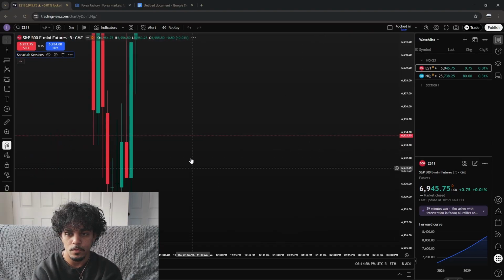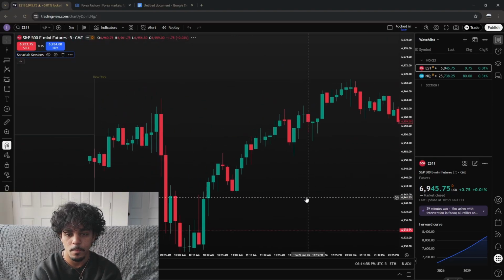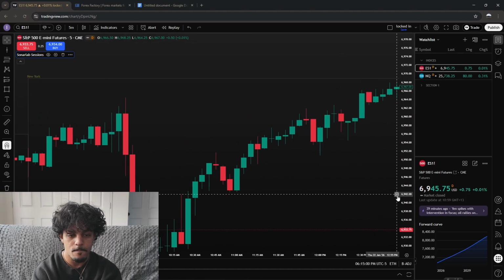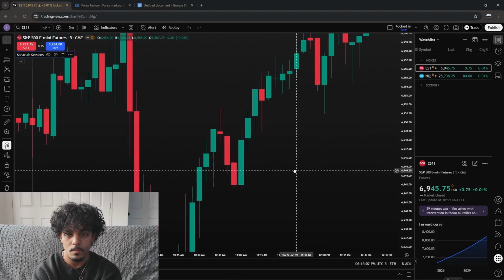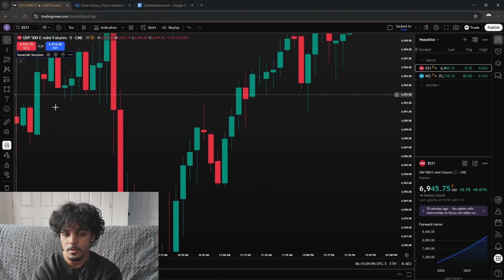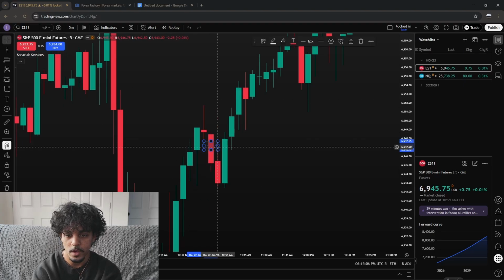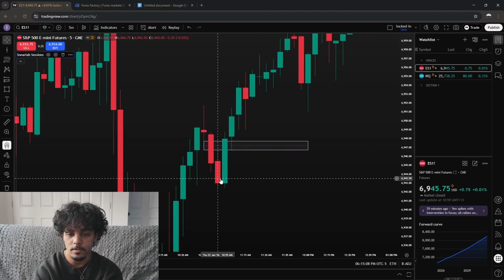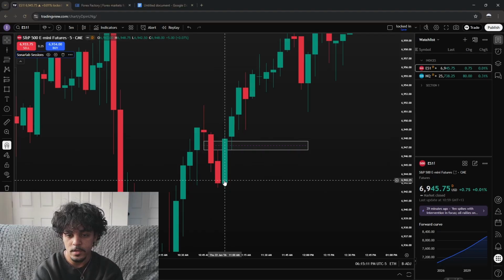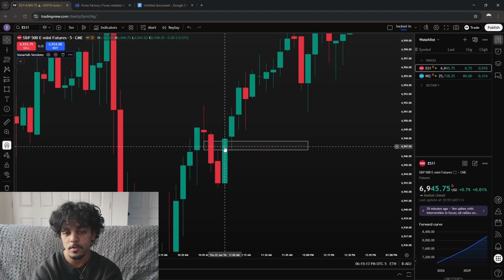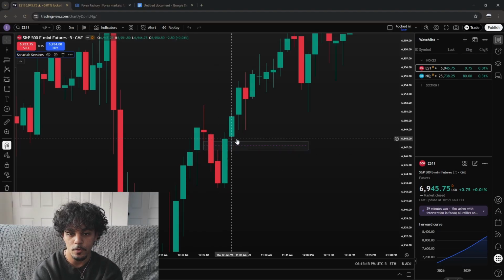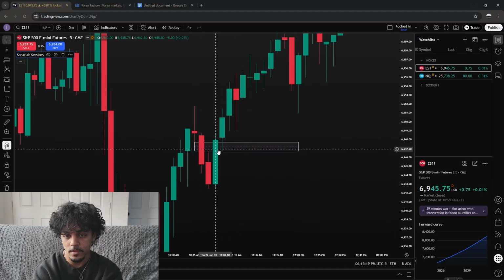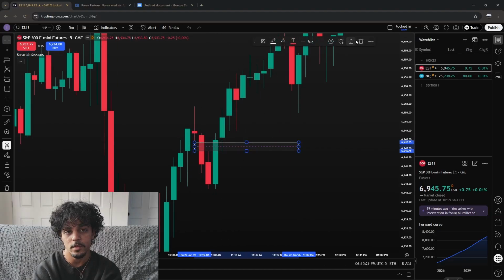Let's go to the 5-minute. So over here is a good example. We have a fair value gap here to the downside, and we have a candle that pushes into the fair value gap and then closes outside of it. This confirms that this fair value gap is invalidated.